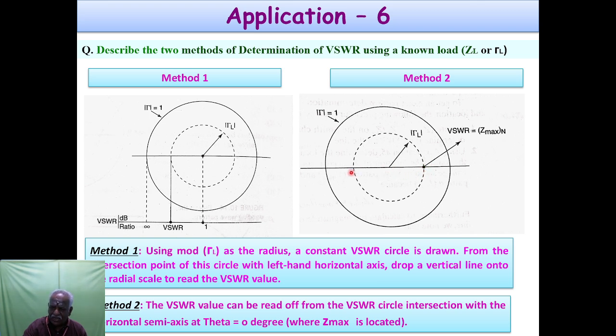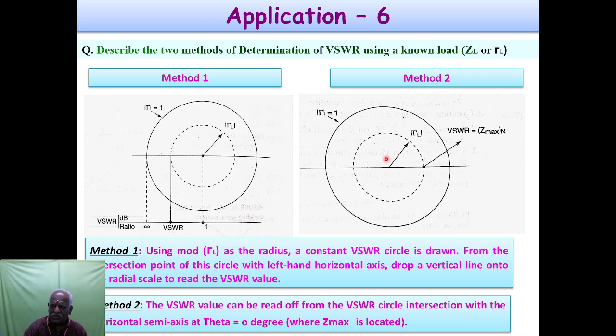On the left side we have E minimum, which means I maximum. So you will get the minimum value of Z here, which is 1 by VSWR, that is, 1 by S. Here you will get the S value, so we can mark it directly using this constant VSWR circle.